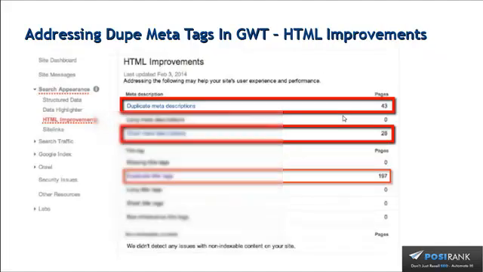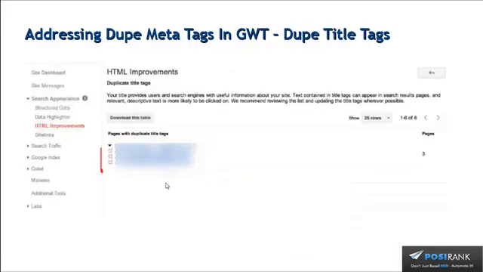Okay, so let's go back to our HTML improvement screen. And let's take a look at duplicate title tags. Right, this site has 197 pages that have duplicate title tag issues. So when we click on that link, this is actually a different example, so we don't see 197 of them.